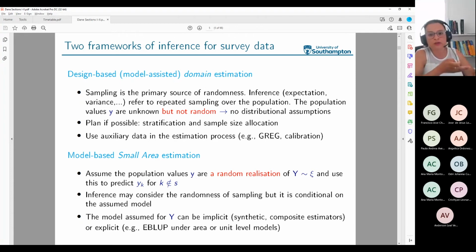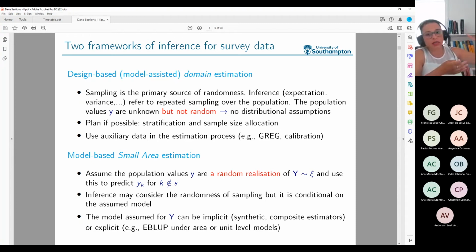And how do we plan for that? Via basically sample size, allocation, and stratification. So for example, if you're interested in estimates at the municipality level, okay, the minimum that you need to ensure is that you have sample in every municipality, right? Because otherwise, how are you going to be able to produce an estimate if there is a municipality that didn't come up in your survey? So this is why you stratify.